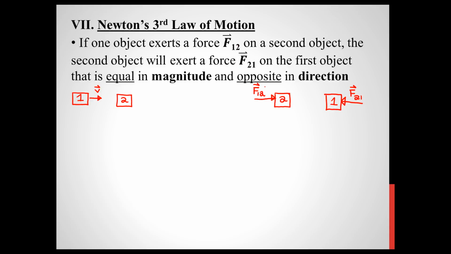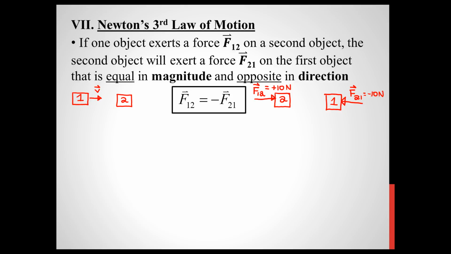For example, if F12 was a force of 10 newtons towards the right, we'd write that down as positive 10. And then the force that 2 exerts back on 1, it would just be equal and opposite in magnitude. So that would then be negative 10 newtons. If you write down a mathematical equation to represent this, we would have F12 is equal to negative F21.